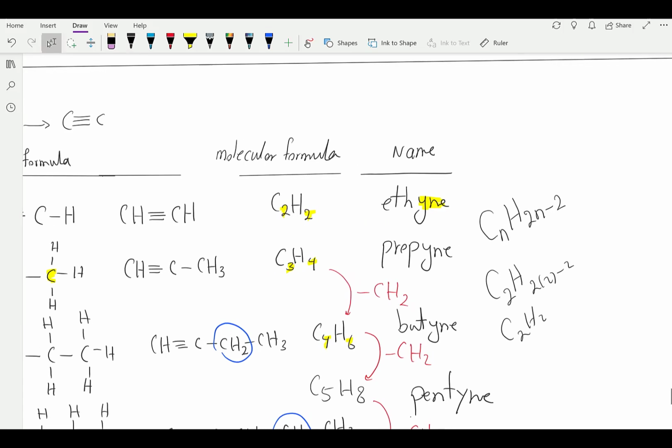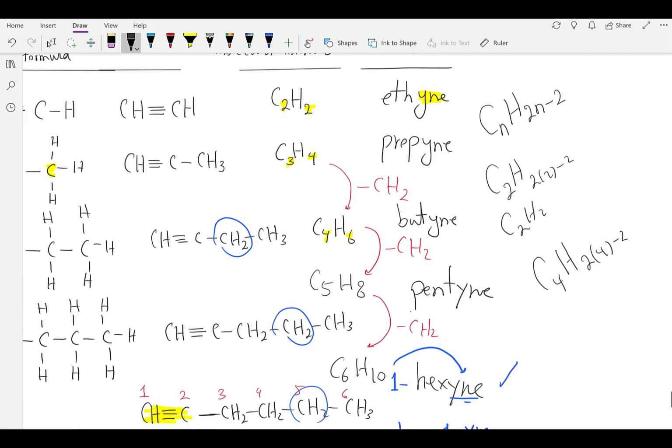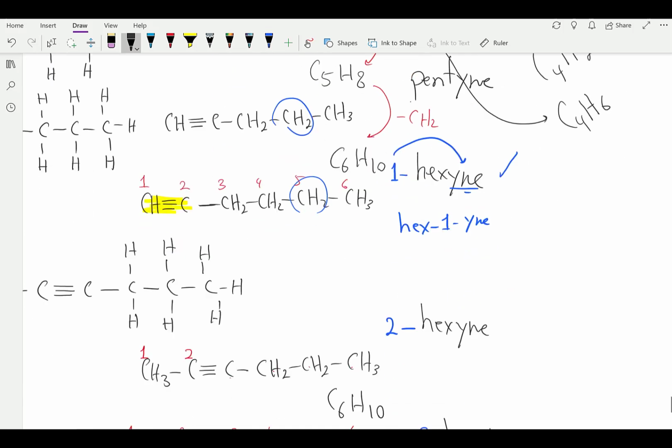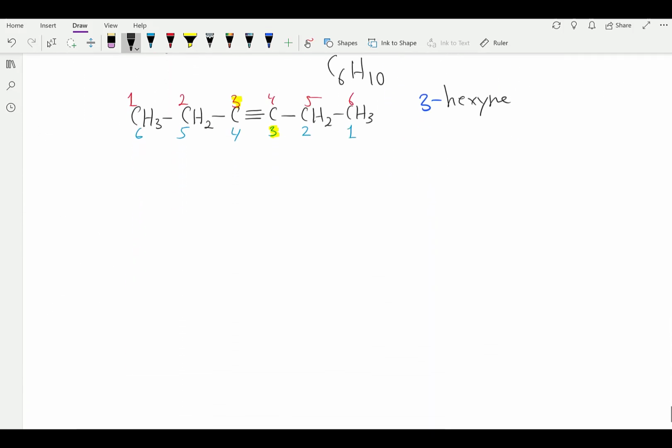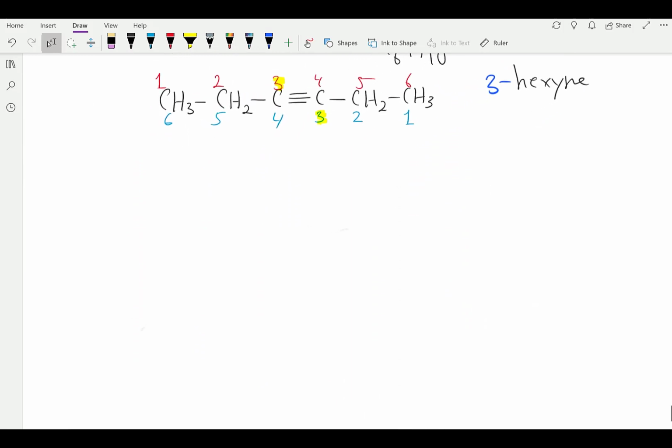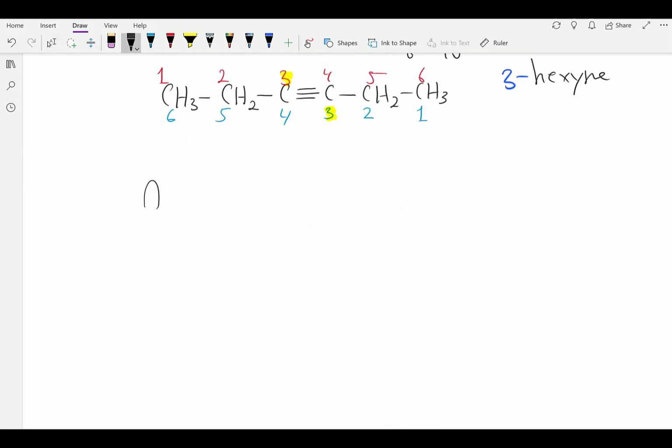And for example, if you have 4 carbons, the number of hydrogens is 2 times 4 minus 2, which becomes C4H6, as you can see here. So if we want to summarize the relationship between the carbon and the hydrogen for the 3 groups of hydrocarbons, for the alkane, the relationship is CnH2n+2.